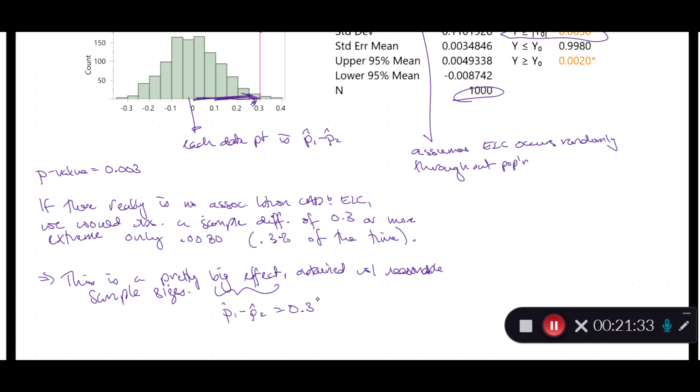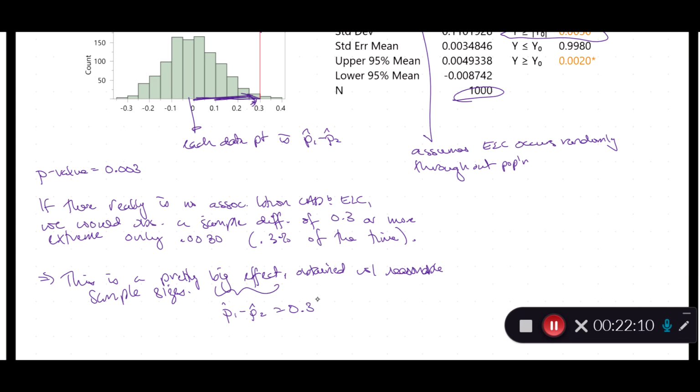This is a difference of 30 percentage points. In our sample, 60% of people with coronary artery disease also had earlobe crease. That was 30 percentage points higher than people who did not have coronary artery disease. That is a very big difference in probabilities. That is a very large effect.